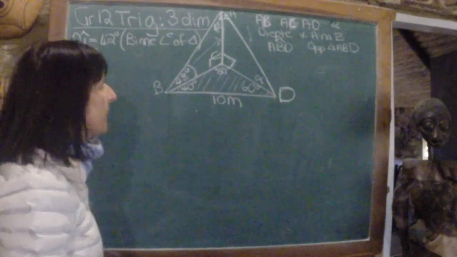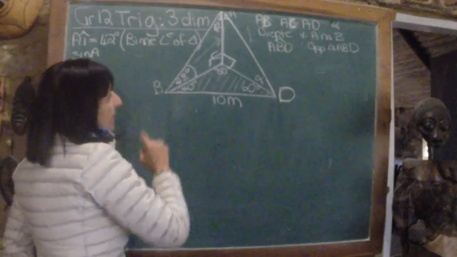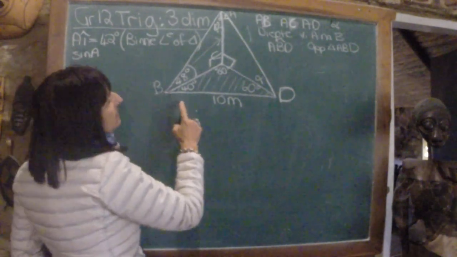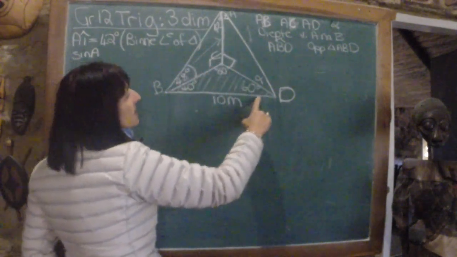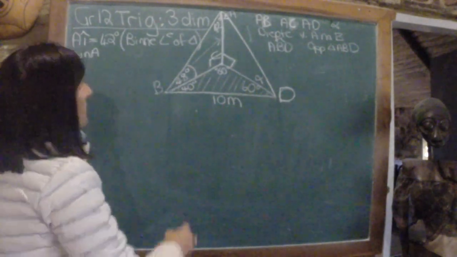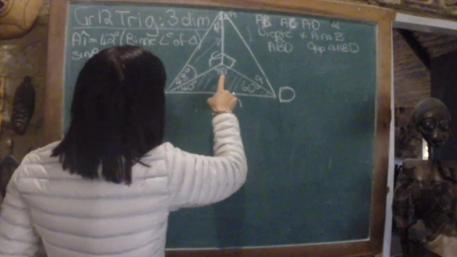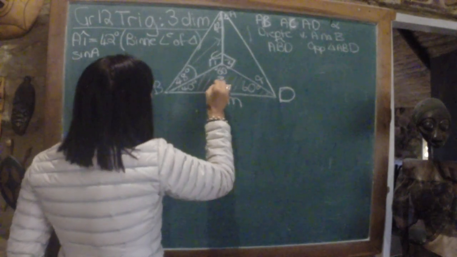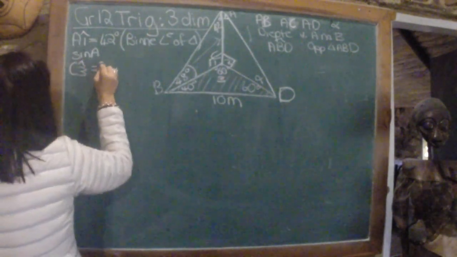Dis te min inligting vir my om vir AB uit te werk. So ek gaan moet nog 'n sy kry en die enigste driehoek waar daar genoeg inligting is, is hierdie basisdriehoek van my wat die horisontale vlak vorm. So this base triangle has three known angles. I know that this angle, let's name it C1, C2, C3. I know that C3 equals 80 degrees.